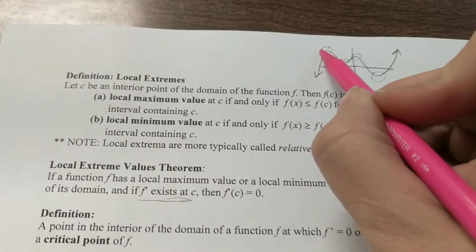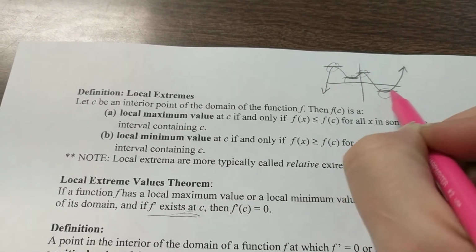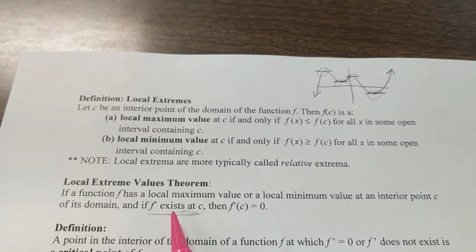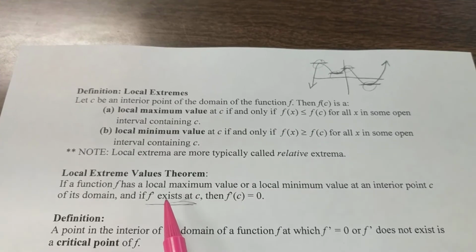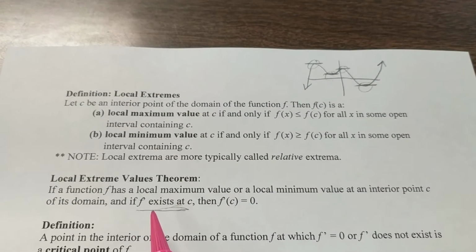That means the slope of the tangent line at all of these points is 0. The important thing here is that the derivative exists. If we have a corner or a cusp or something going on there, that's going to be something different that we're going to talk about.